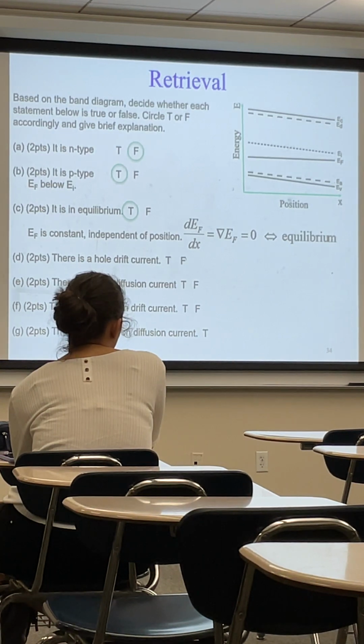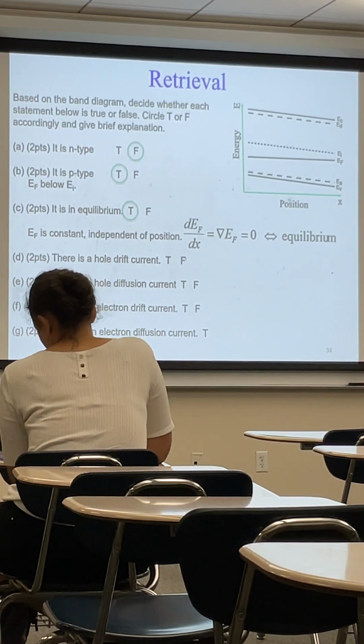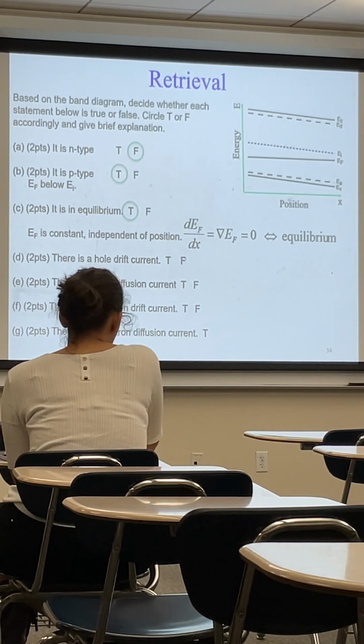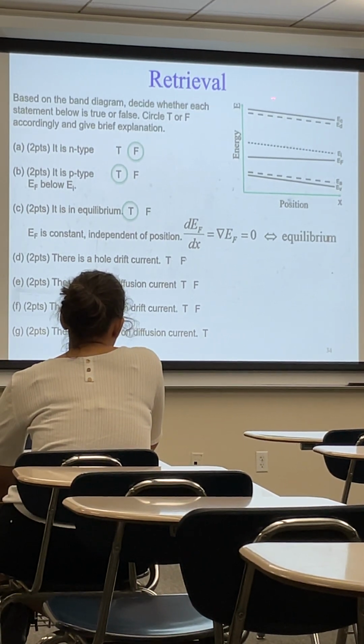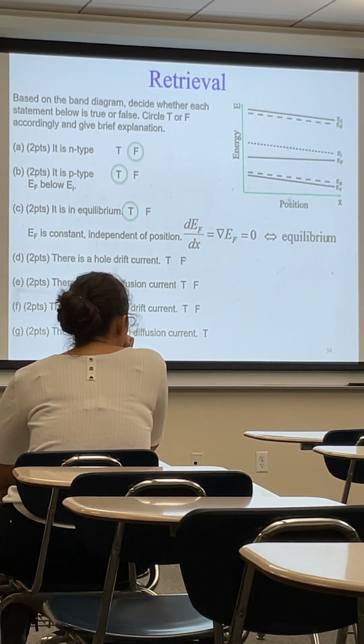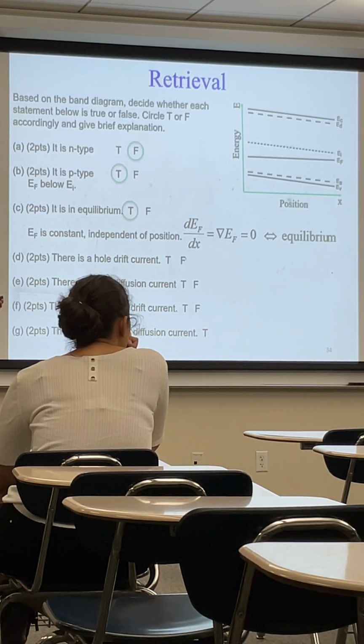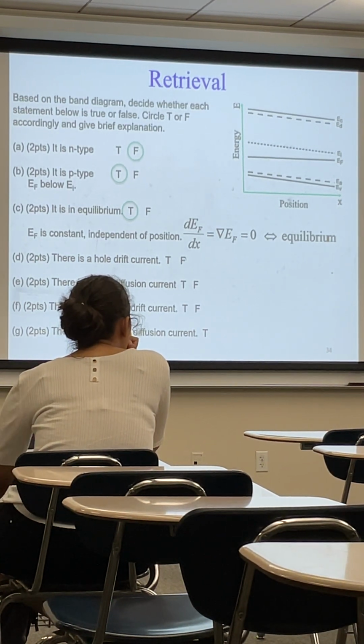Left, because the slope is negative, right? Slope is negative, or you can use the water analogy, right? The electrons are moving to the right, and the electron moving direction will be opposite to the electric field direction. The electric field will be pointing to the left.